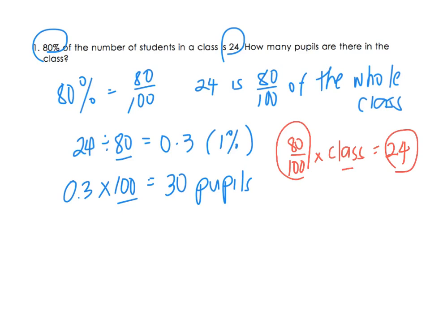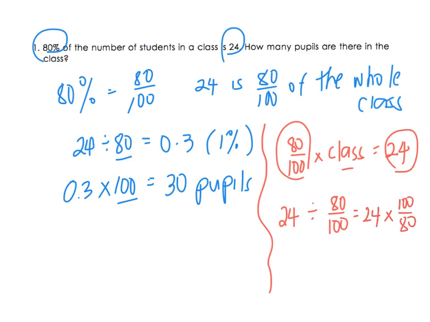So we can say 24 divided by 80 over 100. And we can see a similar process occurring from our first method.